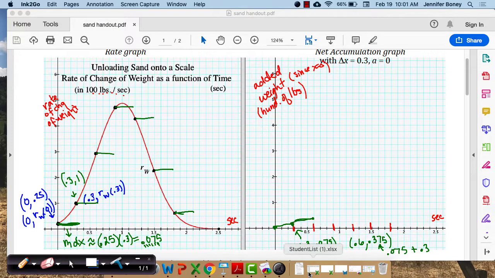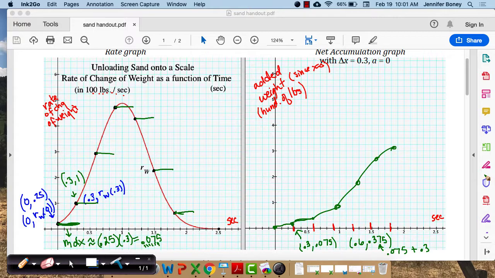So without doing computations, I'm just going to freehand this, like, okay, higher rate, higher rate, higher rate, and then lower rate. It goes higher and higher, and so it kind of goes up and over like that. This graph doesn't go, the accumulation graph wouldn't go down. Why doesn't the accumulation graph on the right go down?